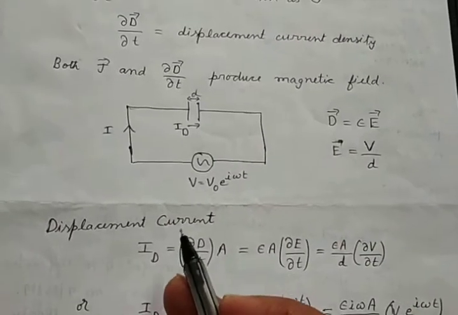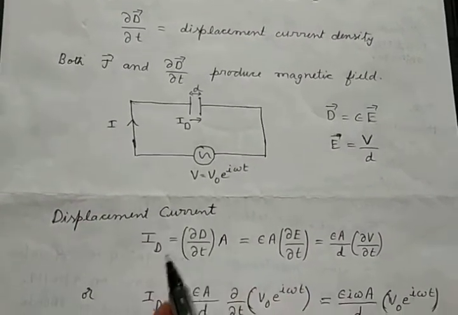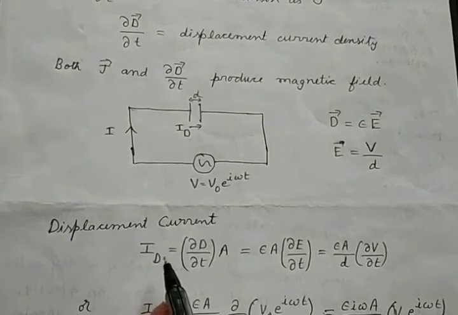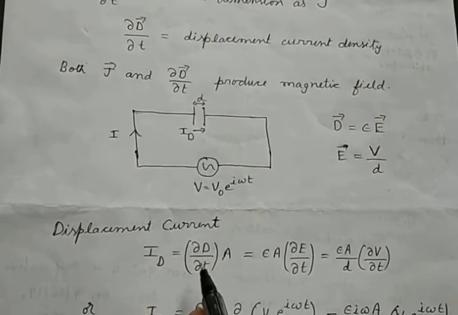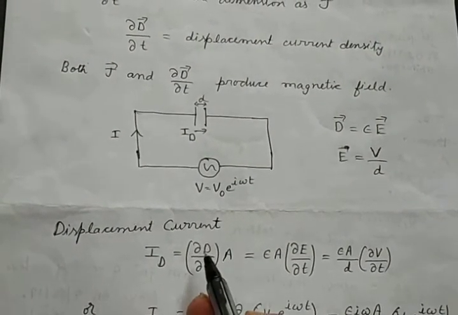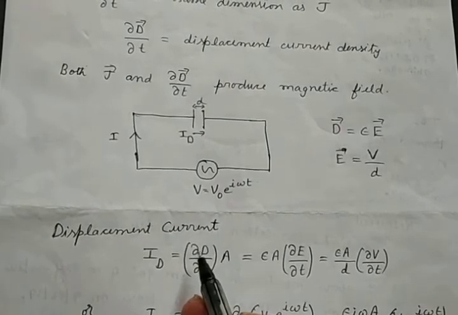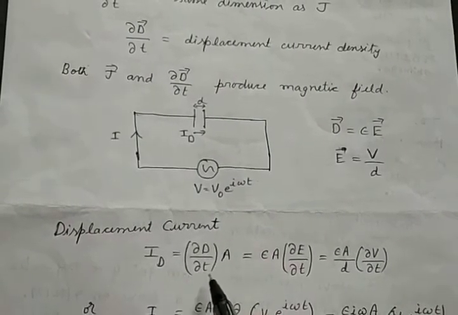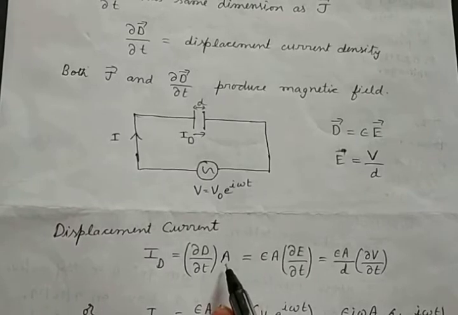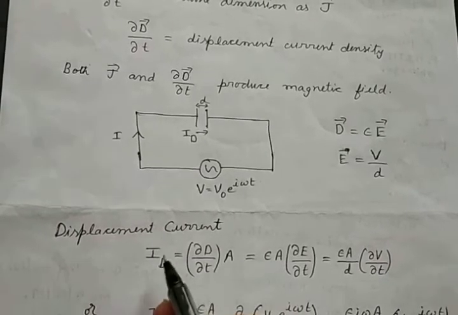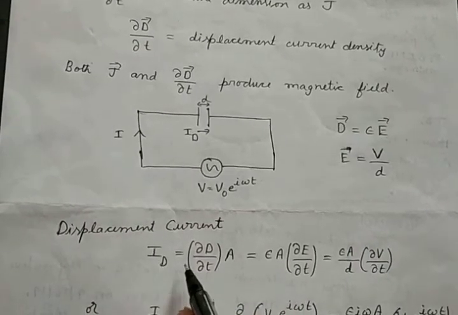So the displacement current can now be written as ID equal to the density into the area. The displacement current density is ∂D/∂t multiplied by the area of the plate, A, and we get the displacement current ID.